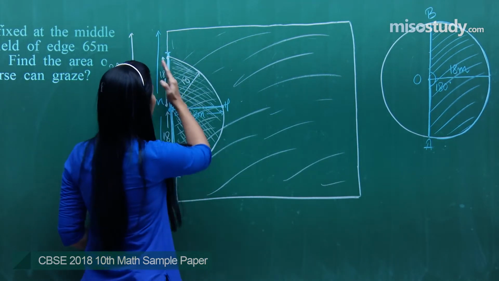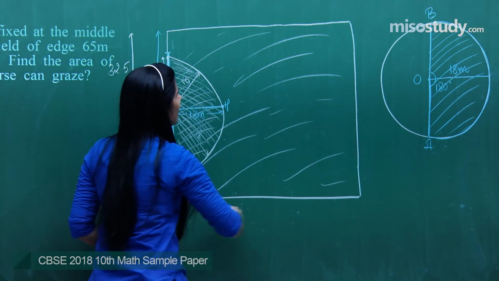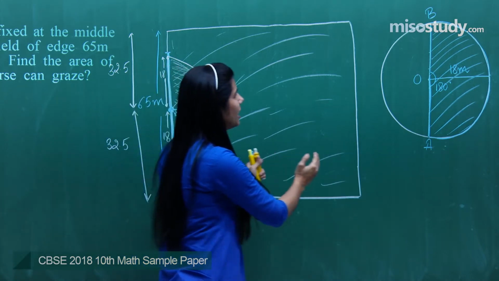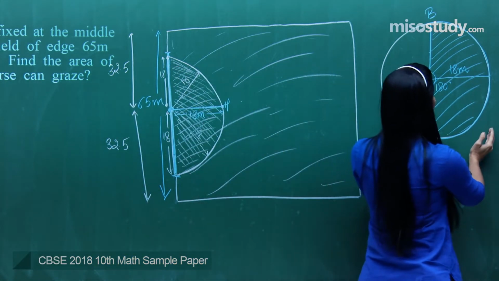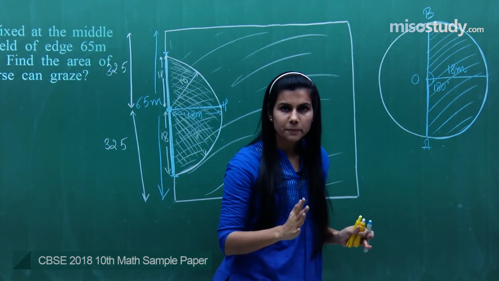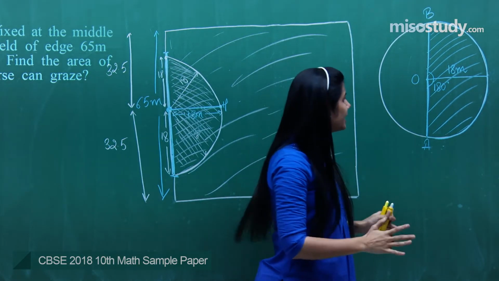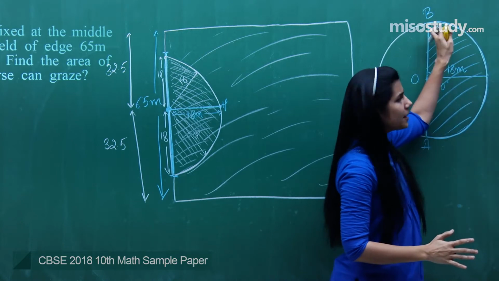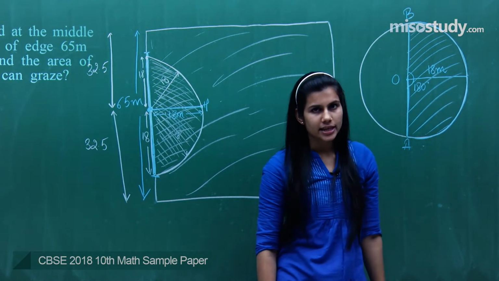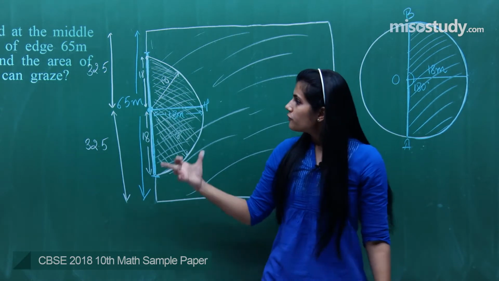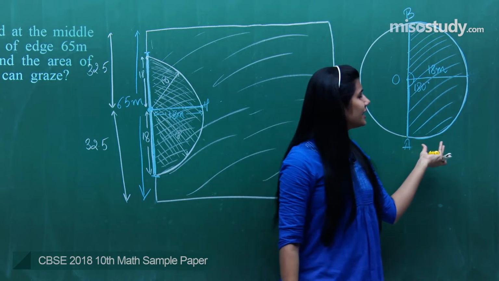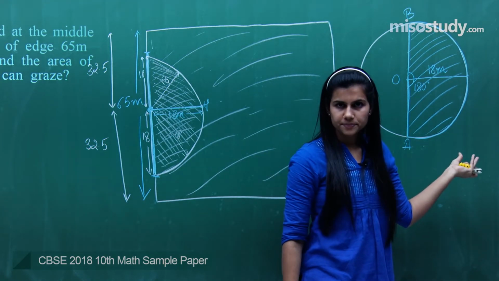If I wish to find this particular area among the entire area of the square field, this is nothing but can be interpreted as the sector of a circle of radius 18 meters which is subtended by an arc AB which subtends an angle of 180 degrees at the center. And so, finding the area over here is same as finding the area of this sector.